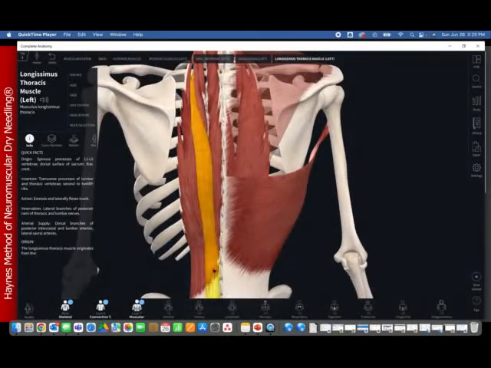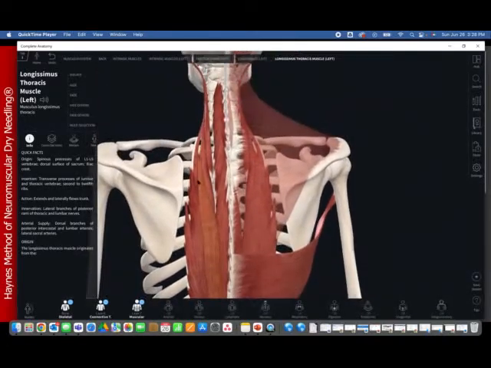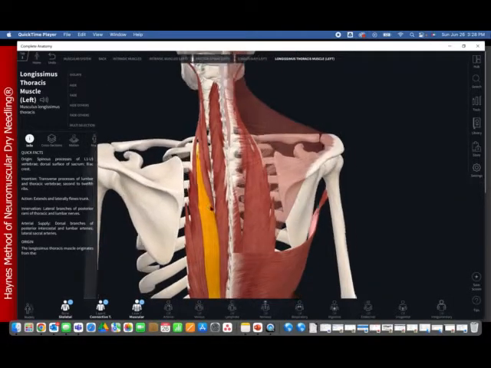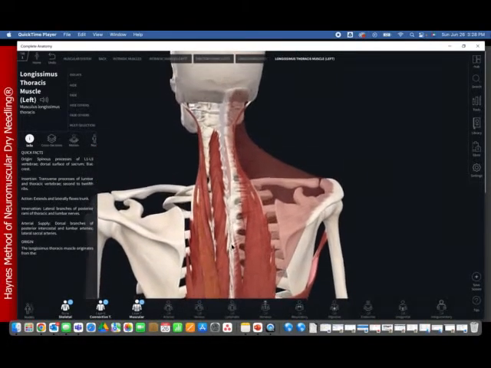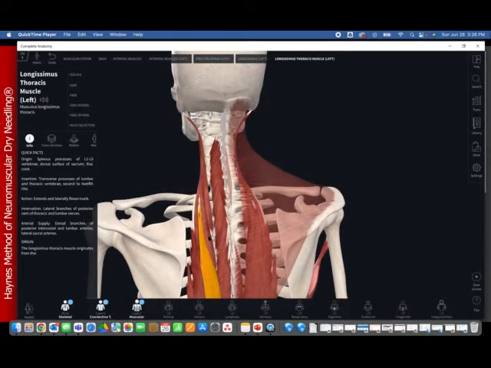As we start to get into the thoracic spine, you will start to see a little bit of a lateral migration away from midline of the longissimus thoracis. So we move a little bit more into the cervical region. Then we find 2 more smaller structures.